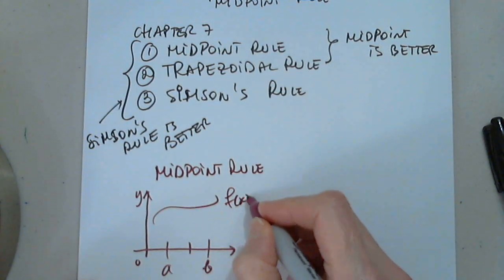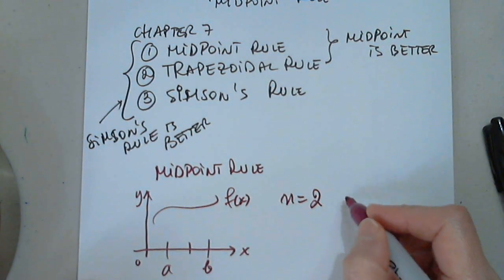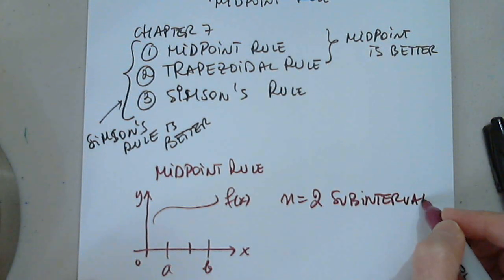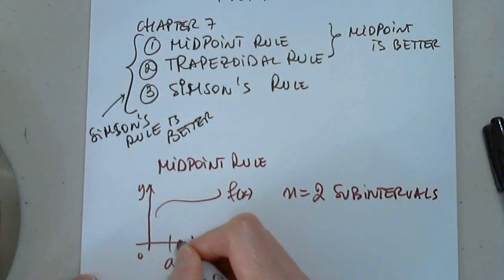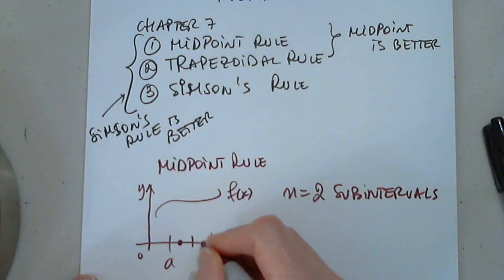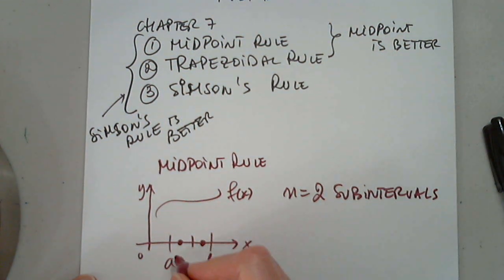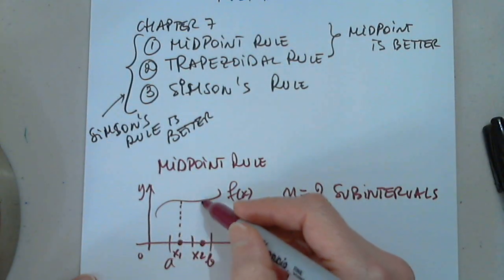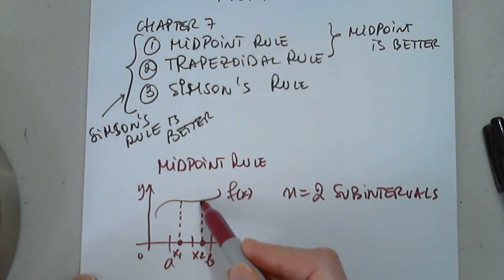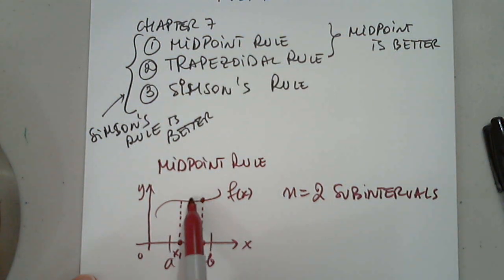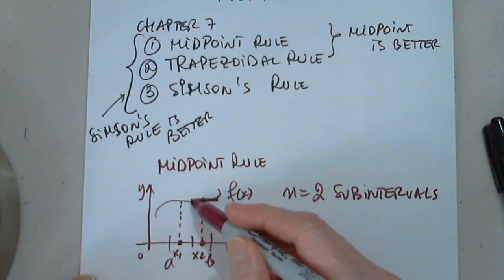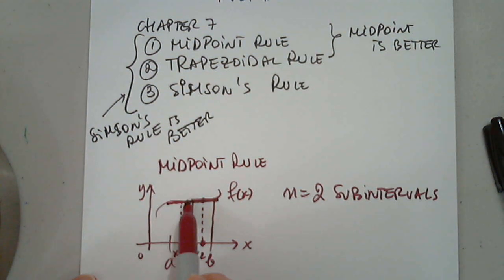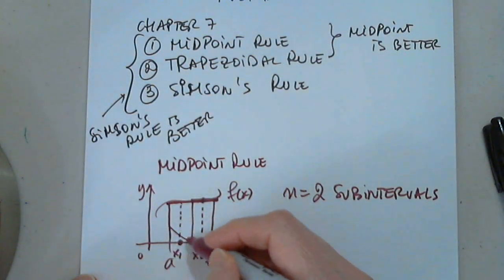So this is our f of x, n equals 2 subintervals. The midpoint for this subinterval would be this. The midpoint will be this. I'm going to call it x1 and x2. And of course, where it hits the graph of the function, I will draw a horizontal line. And this is the area in question. And again here's the area in question.